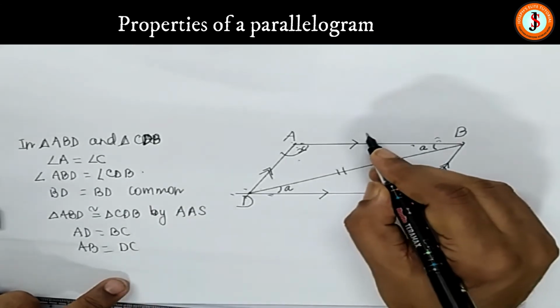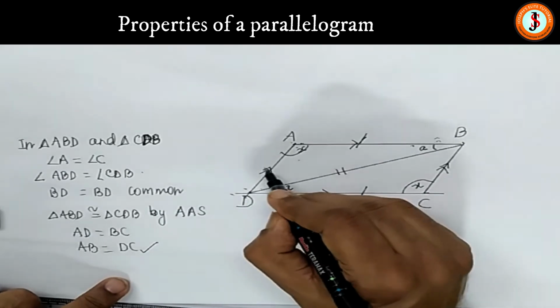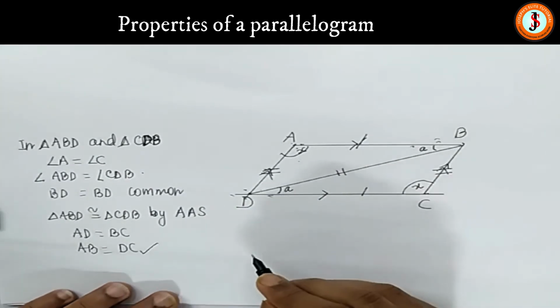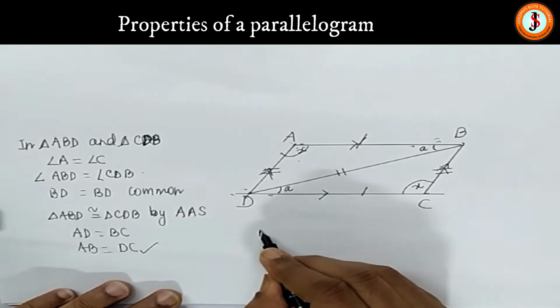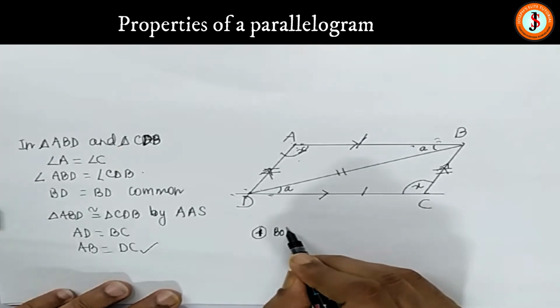So that means AB is equal to DC by CPCT, corresponding parts of congruent triangles, and AD is equal to BC. So the fourth property, now we get that both pairs of opposite sides of a parallelogram are equal.